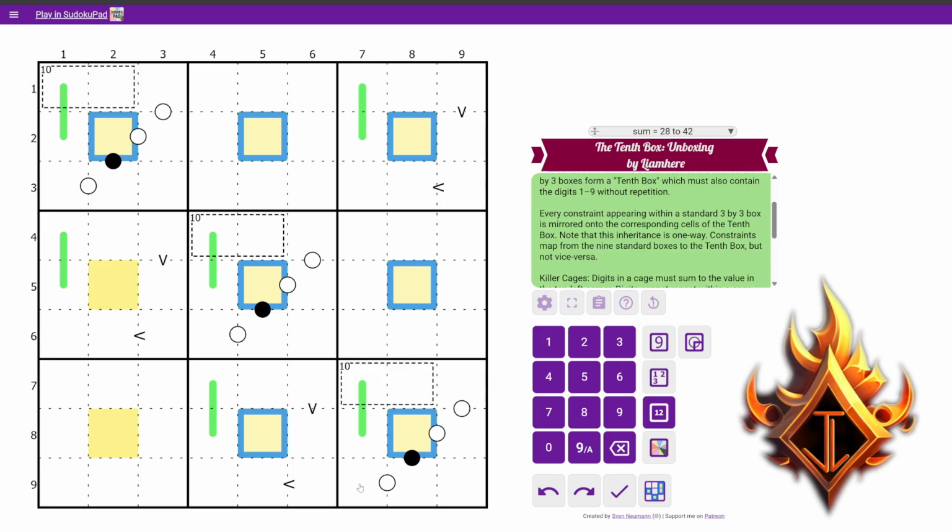Although 9, 8, 4, 5, 6, 9, 8, 4, 3, 2 is going to delete everything from the 10.